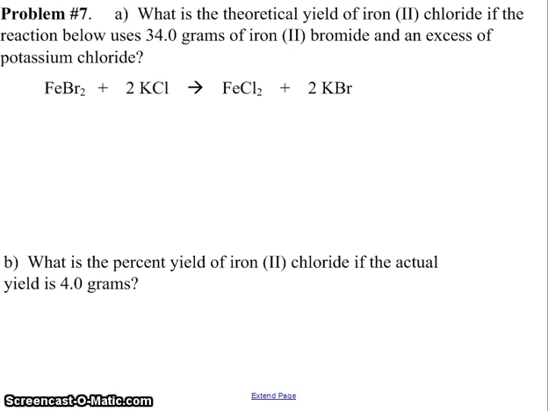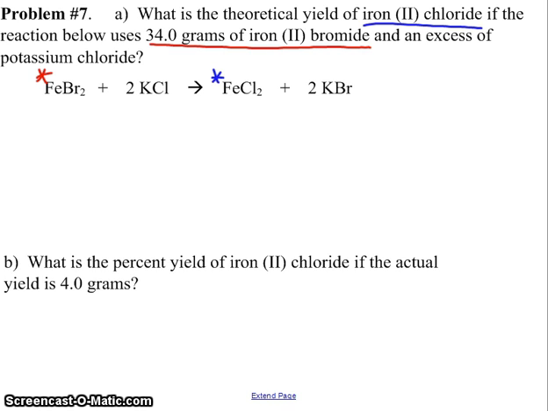Okay, let's try the second problem, or actually problem number 7. What is the theoretical yield of iron 2 chloride? That's this substance right here. If the reaction below uses 34.0 grams of iron 2 bromide, that's this stuff, and an excess of potassium chloride. So potassium chloride is in excess, so we just ignore that.